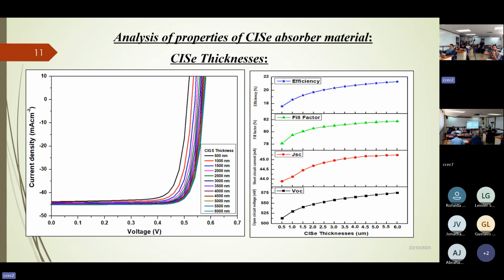We know that the open circuit voltage is directly related to the short circuit current density, logarithmically. So once it increases, VOC also increases. It is all related, and finally efficiency increases. After about five micrometers there is only very little variation, so we have to find the optimum conditions.